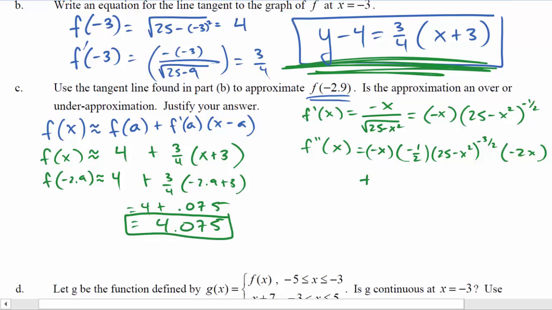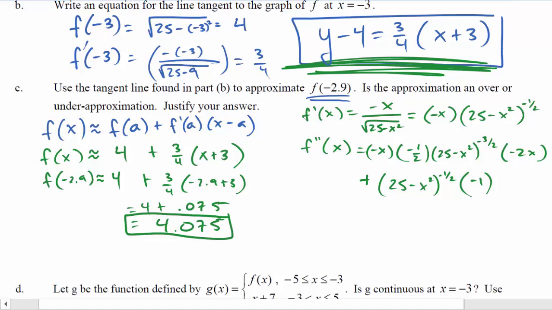Plus, and I'm running out of space, this time keep 25 minus x squared to the negative 1/2 the same. But what's the derivative of negative x? That'll be negative 1.